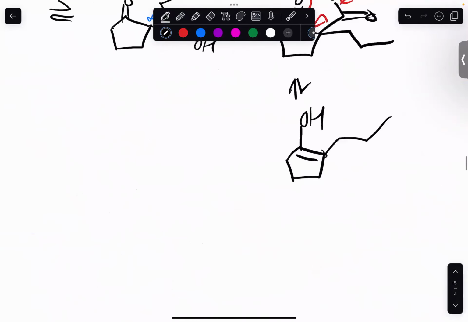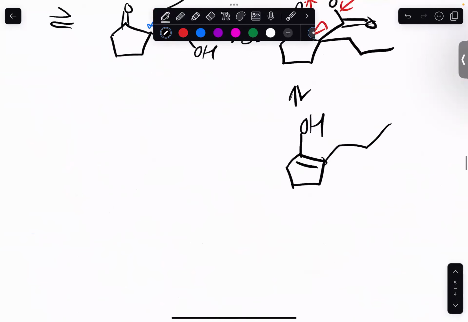Okay. Now we're in acidic conditions, so we want to protonate one of the carbons here. Which carbon will give us the more stable carbocation? Which carbon will have the more stable positive charge?